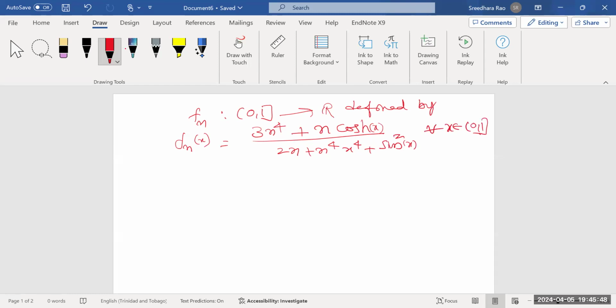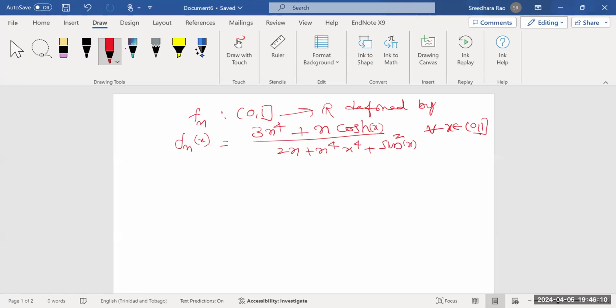Right, so this is a verification of the bounded function. First we will check whether this function is bounded or not.